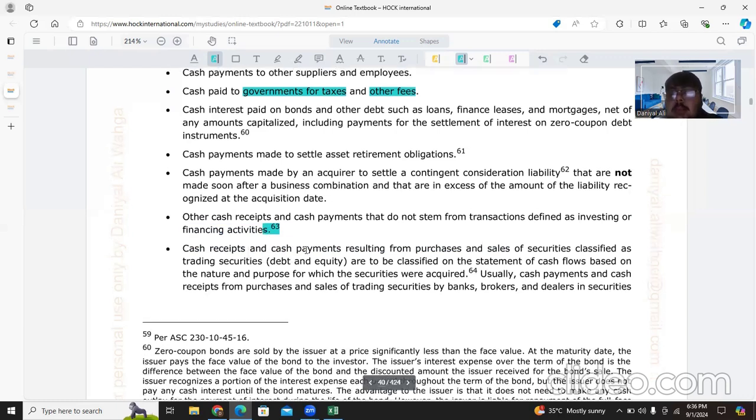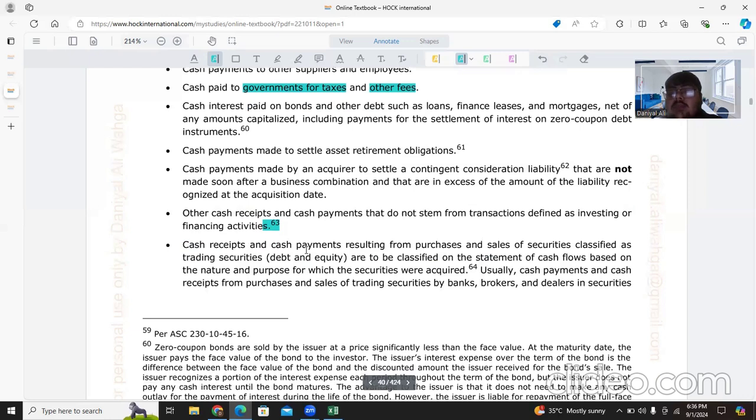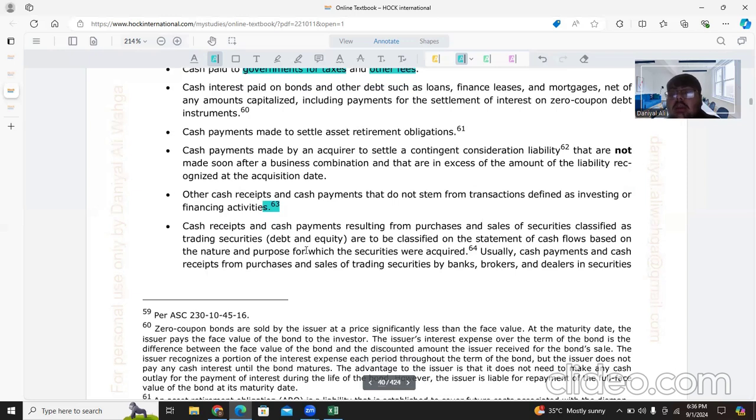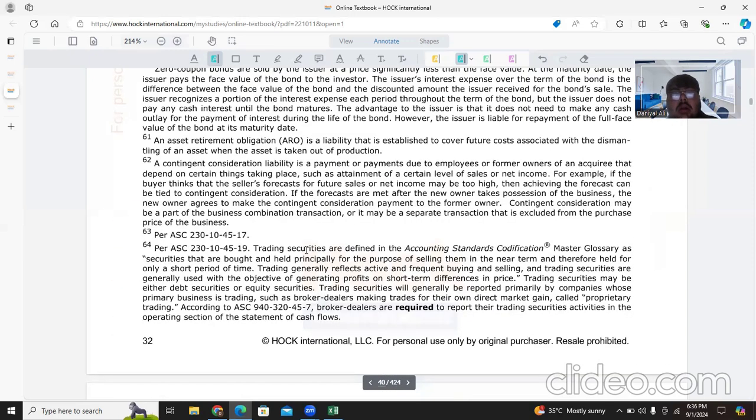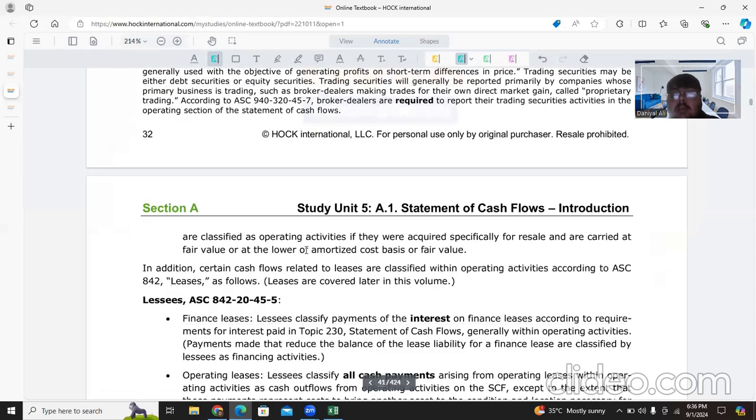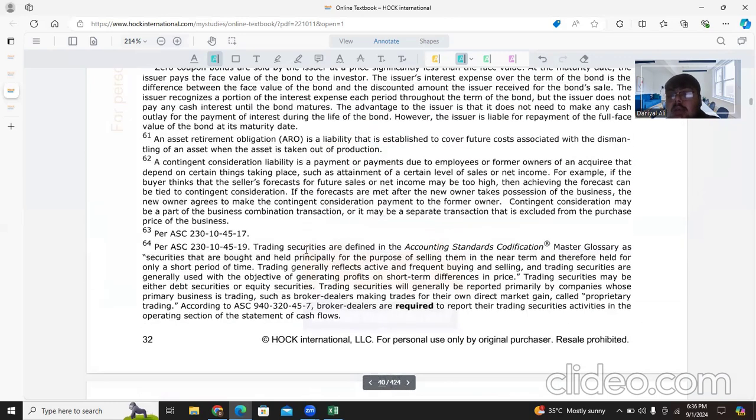Cash receipts and cash payments resulting from purchase and sale of securities are classified as trading securities, debt and equity, in the statement of cash flows based on the nature and purpose for which the securities were acquired. Usually cash payments and cash received from purchase and sale of trading securities are part of your operating activity. See, it makes a difference.